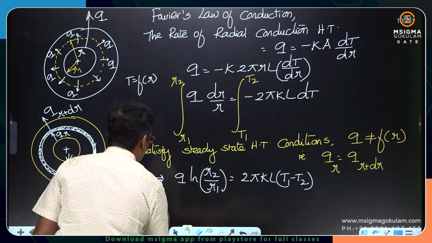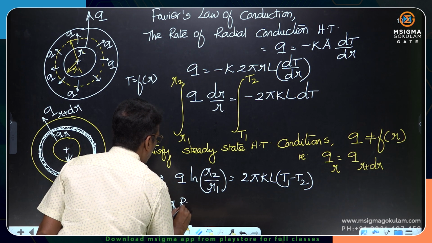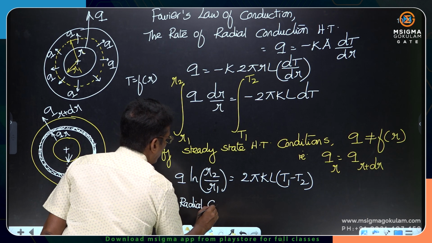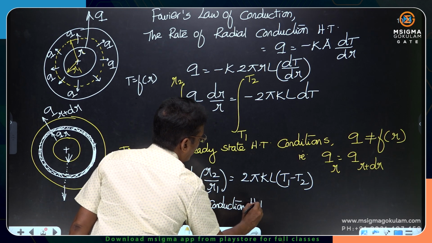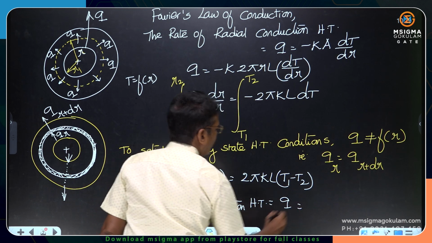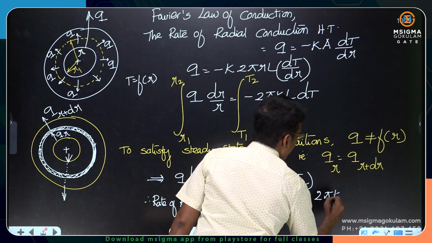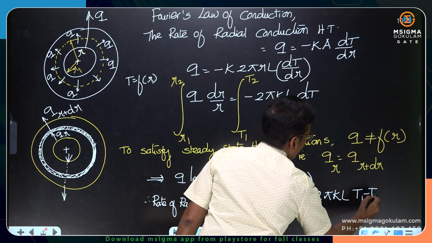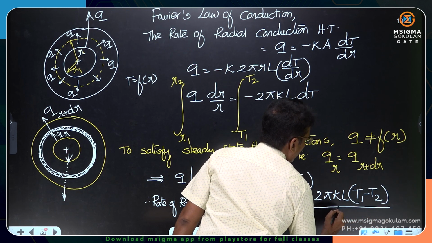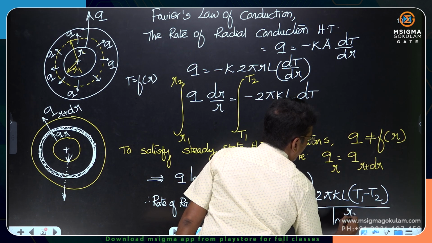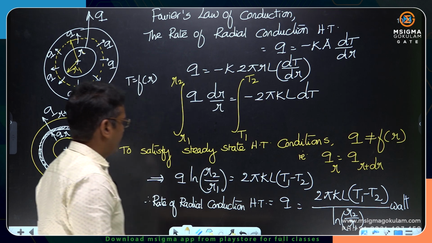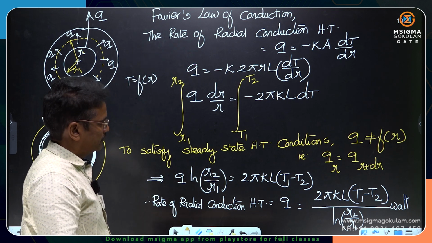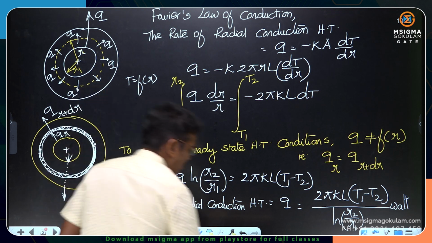Therefore, this is the rate of radial conduction heat transfer through a hollow cylinder.